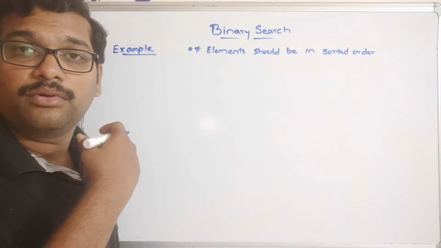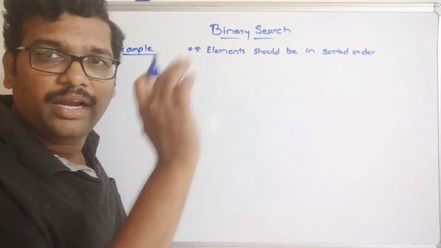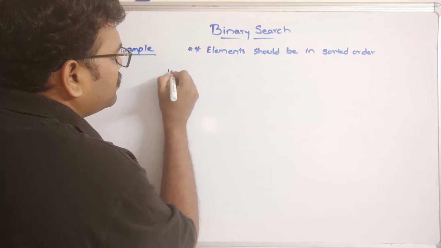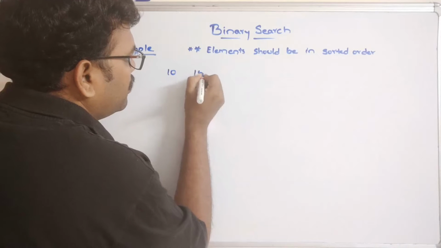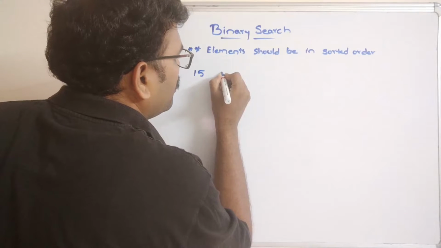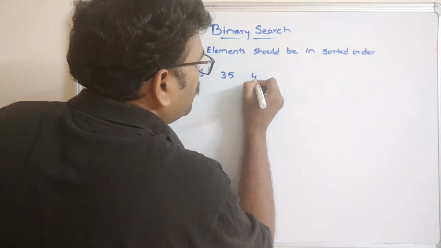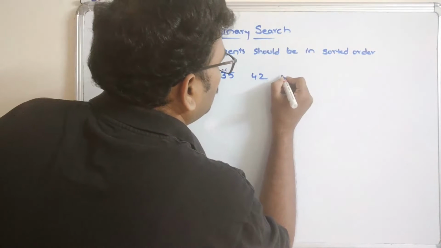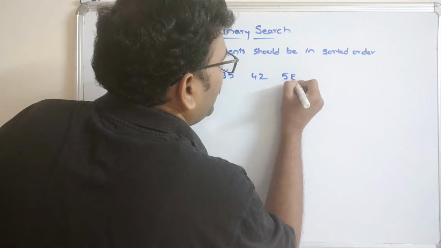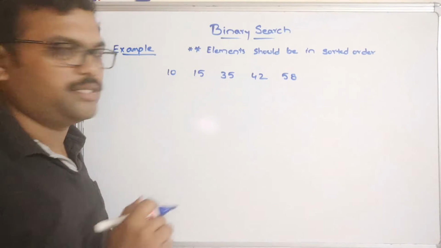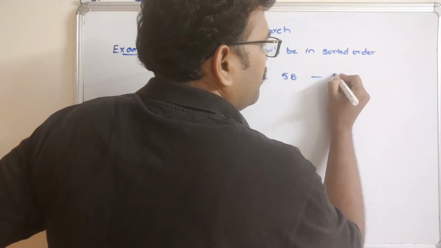So we are going to take some sorted elements. I take 10, 15, 35, 42, 58. I'll take small elements, only 5 elements.